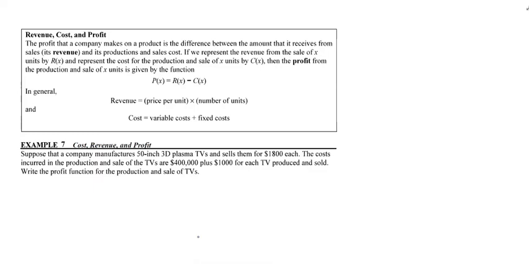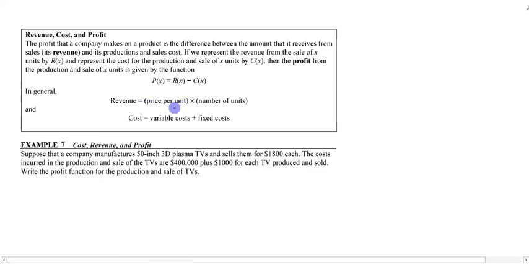In general, revenue is the price per unit times the number of units. And cost is variable costs plus fixed costs. So revenue, let's say that you're selling lemonade at a lemonade stand, and it's 50 cents per cup.